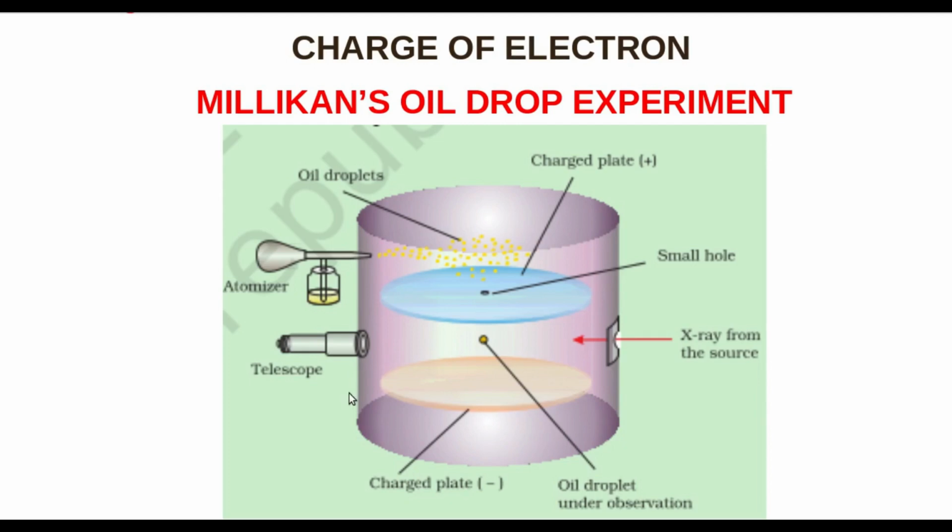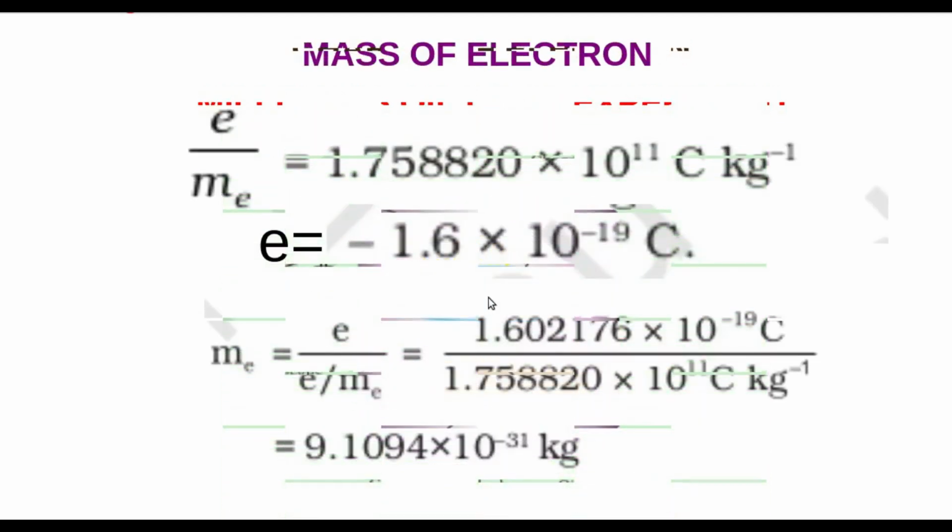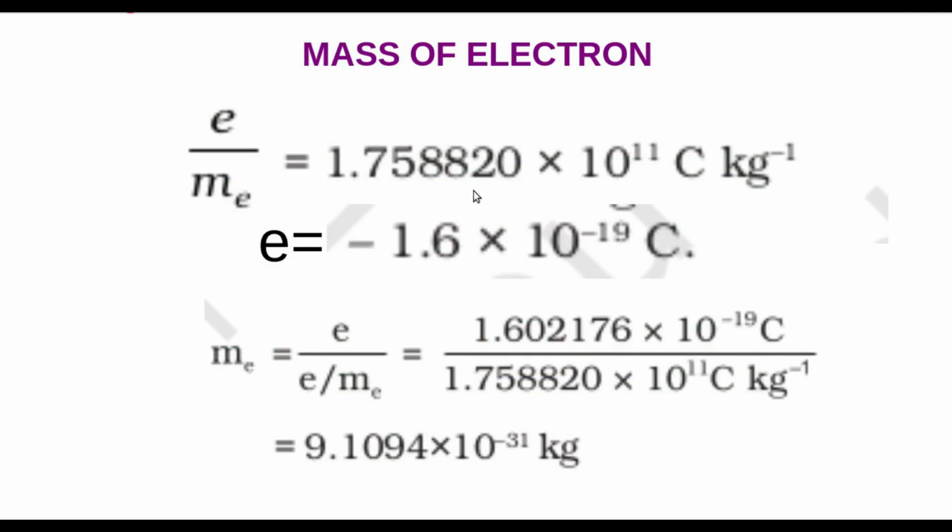By J.J. Thomson, the charge to mass ratio is 1.75880 × 10^11 coulomb per kilogram, and by Millikan, the charge of the electron is -1.6 × 10^-19 coulomb.